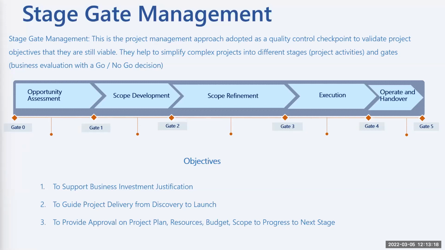So it's more like a checkpoint, right? That is in place, especially set up by the PMO to make sure that the agreed project objectives are being delivered. So it simplifies a complex project. The example I've always been given is around the iPhone, upgrading from iPhone 11 to iPhone 12.